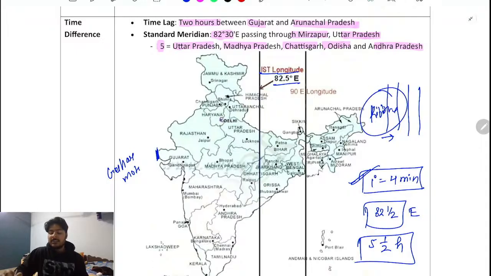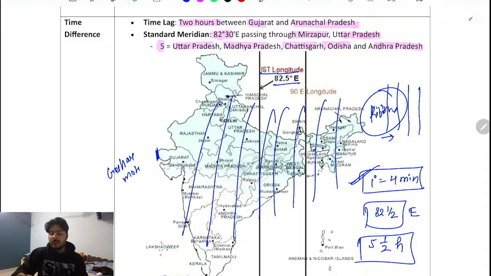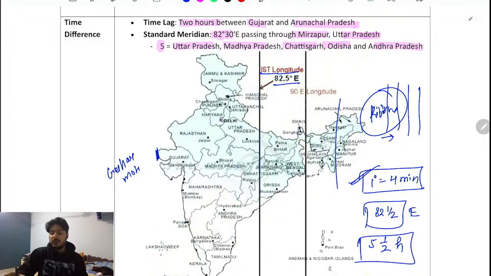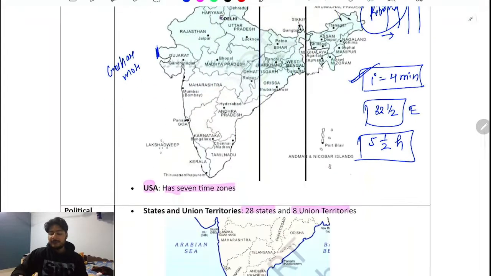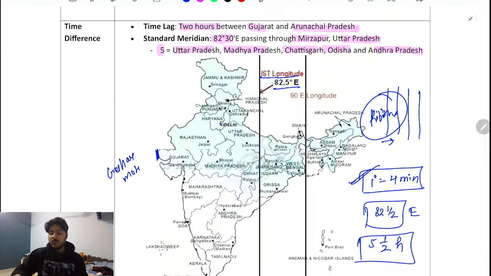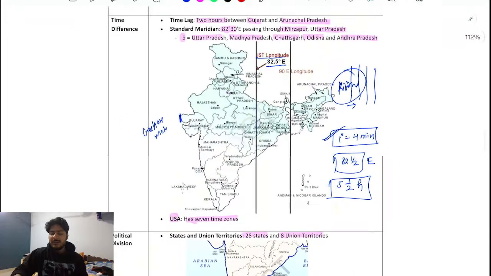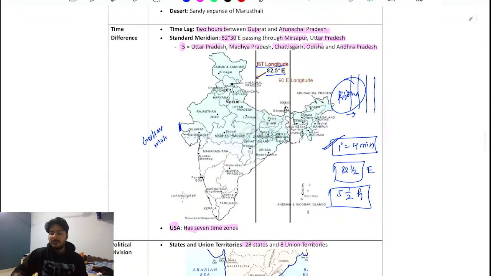The time is changing according to these longitudes, and the time difference is nearly 2 hours between Guhar Moti and Kibithu.